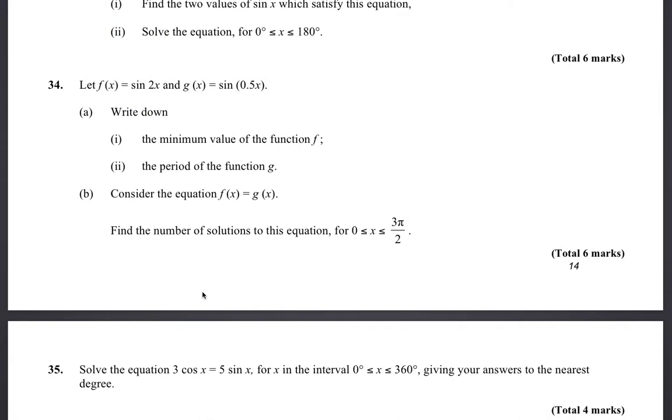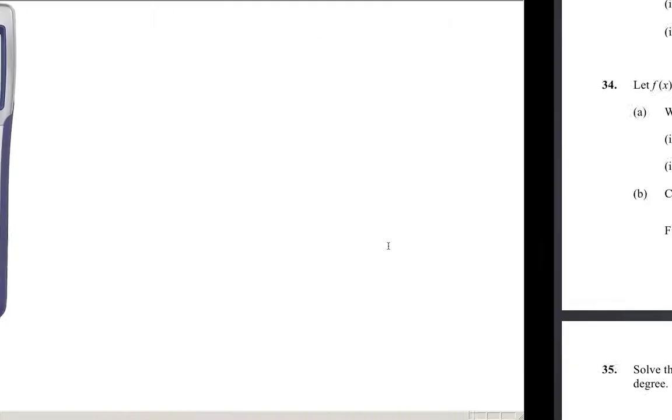Now consider the equation f of x equal to g of x. Find the number of solutions to this equation for x between 0 and 3 pi by 2. So 3 pi by 2 is nothing but 3 times 1.57, students, which is 4.71. So between 0 and 4.71.